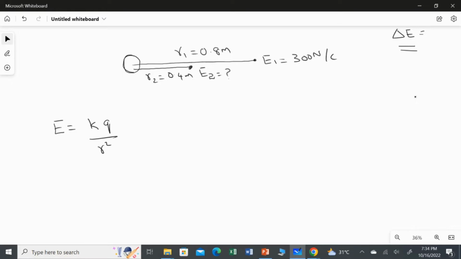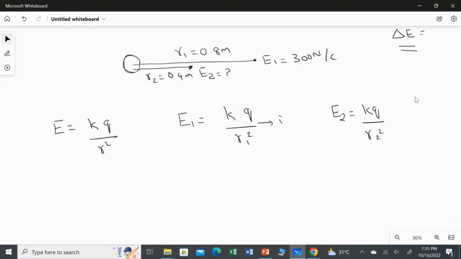So first I'm going to apply this rule for E1 and R1. Let's take the electric field 1, which is equal to K Q over R1 square. Likewise, I'm going to apply the same rule for this distance. Therefore, E2 is equal to K Q over R2 square.